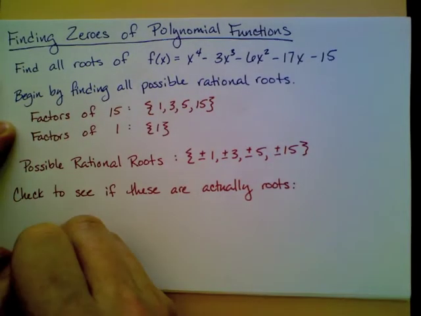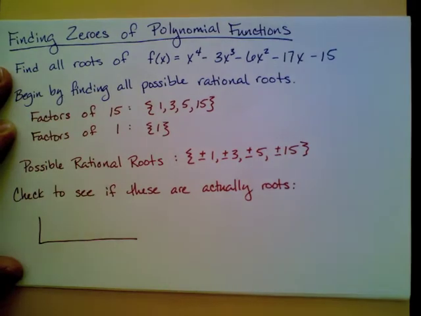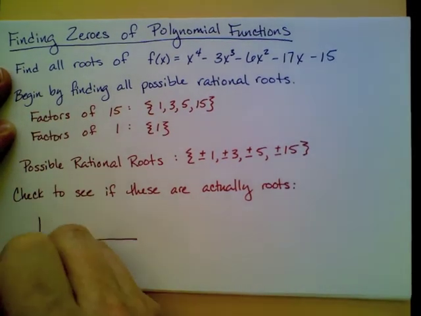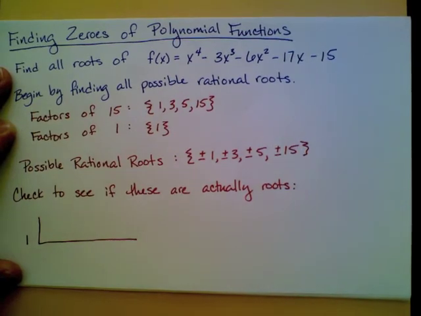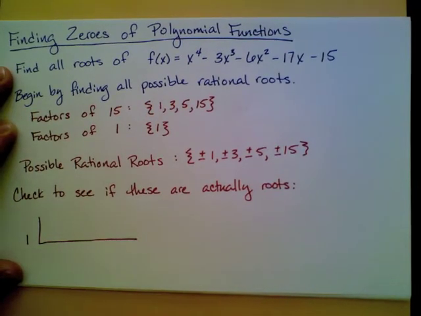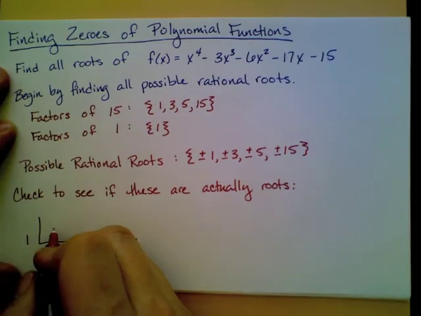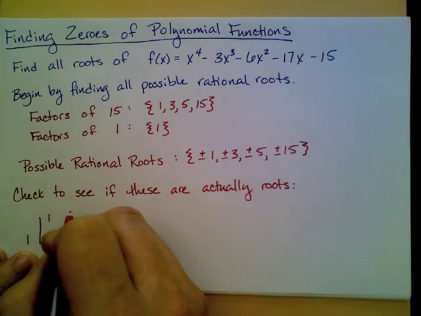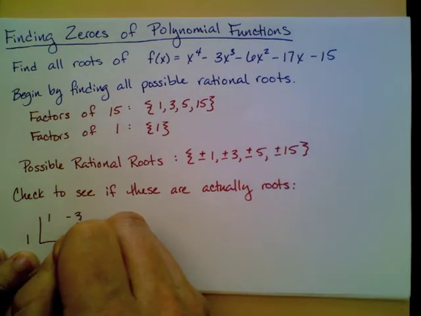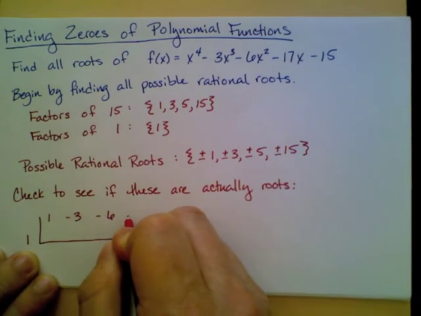And the way that we're going to do that is by using synthetic division. So I want to see if 1 is a root. If 1 is a root, then x minus 1 is a factor, and so dividing by, whoops, let me write this down.